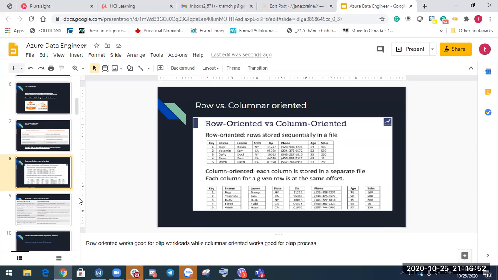Remember what I said: for DP 200 and DP 300, the knowledge is very transferable regardless of which system you work with. So these are the fundamentals that you need to remember.